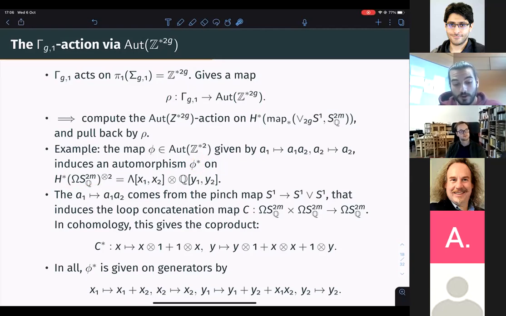Where it sends x1, x2, well, in degree mu, there's not too much. It's just generated by the x_i's. So a good guess would be that x1 gets sent to the abelianization of this. That is actually the case. And x2, similarly, the abelianization. But then in order to compute where the y_i's are sent, in degree 2 mu, we've got the generators y1, y2, x1 x2.